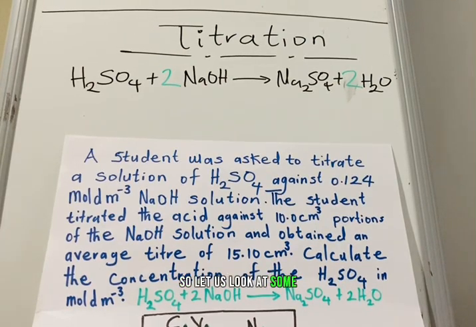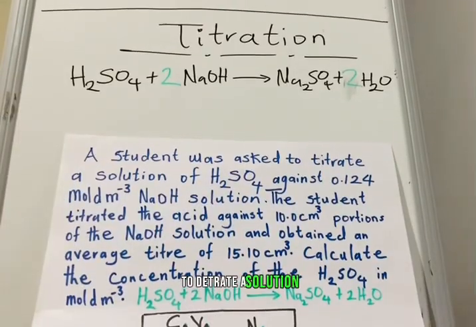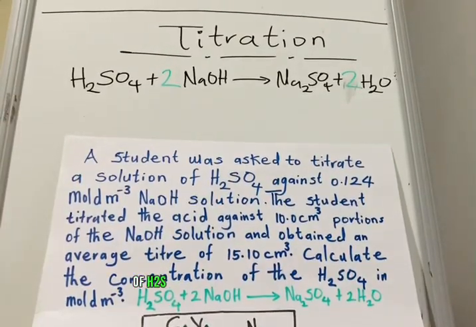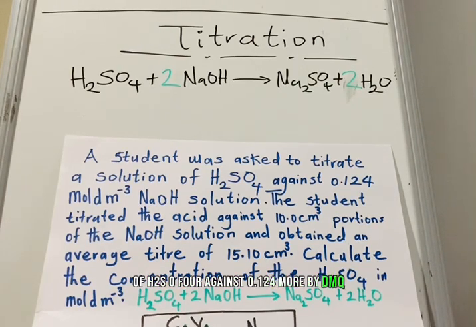So let's look at one problem. One of our problems says suppose a student was asked to titrate a solution of H2SO4 against 0.124 mole per dm³ sodium hydroxide, which is NaOH solution.